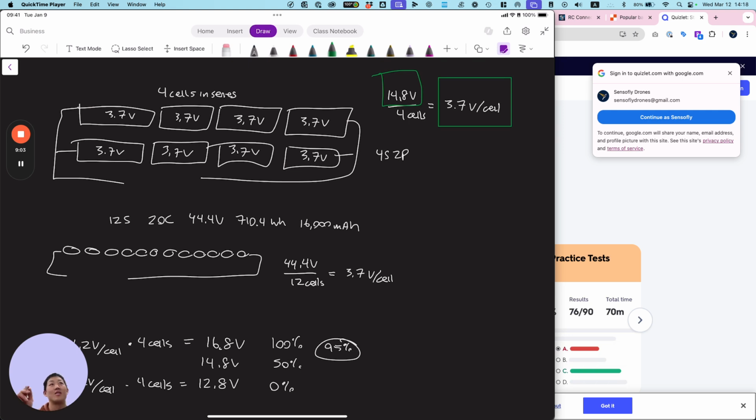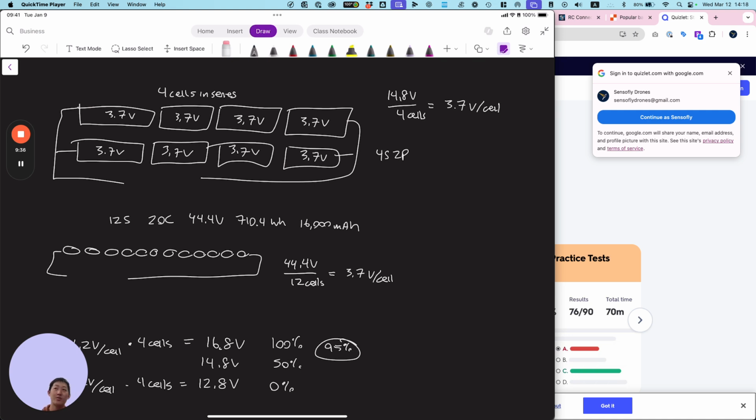Yeah, the cells are connected in series, which means the voltages are added up. So when we did 14.8 divided by 4, we found that each cell was 3.7 volts. And that applied to another battery that we found, which had a different number of cells, but when you divide the total by the number of cells, you still get 3.7.